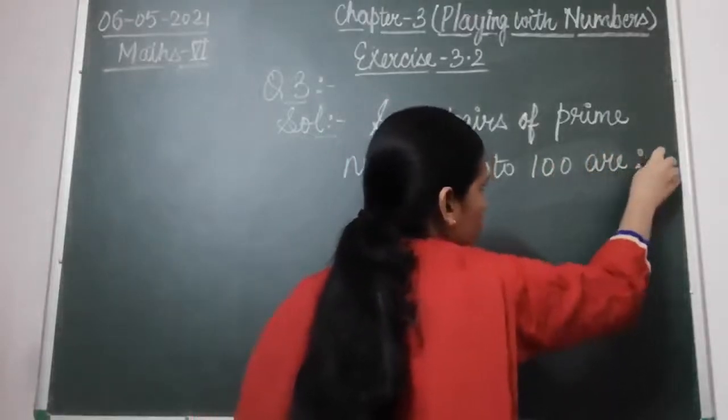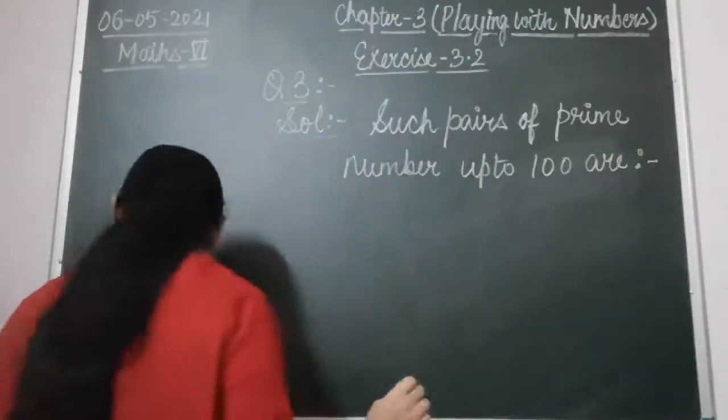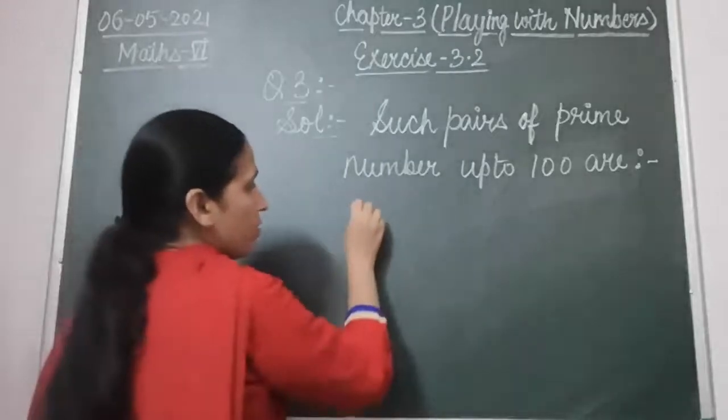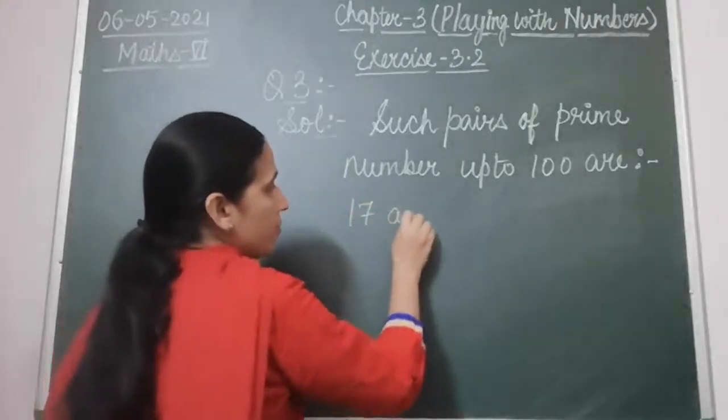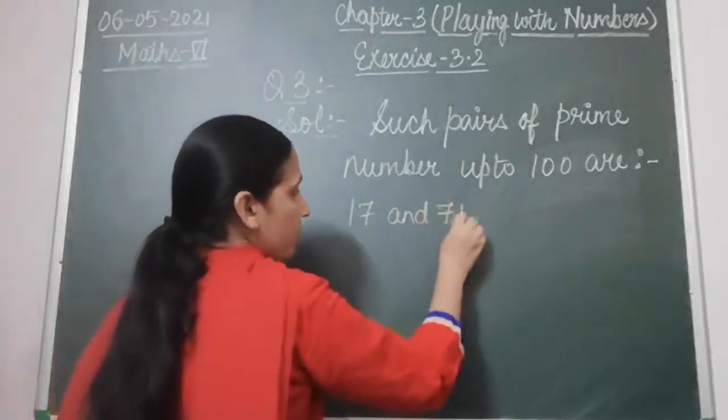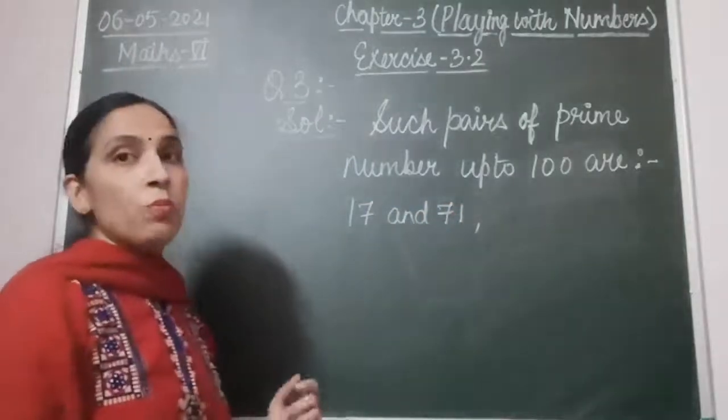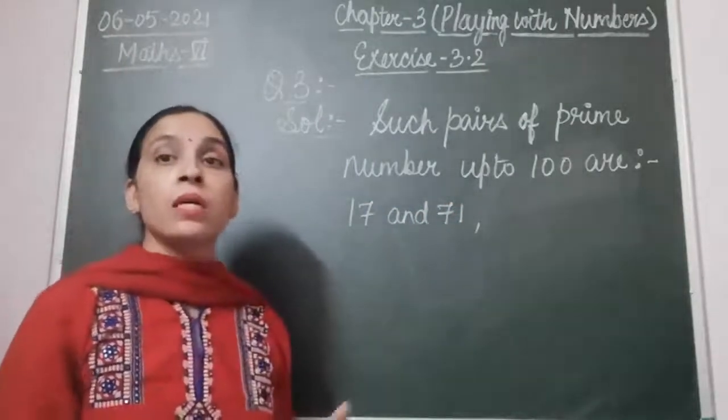Now you are supposed to write down the pairs of those numbers. So I'll write first 17 and 71. One more pair we can write.